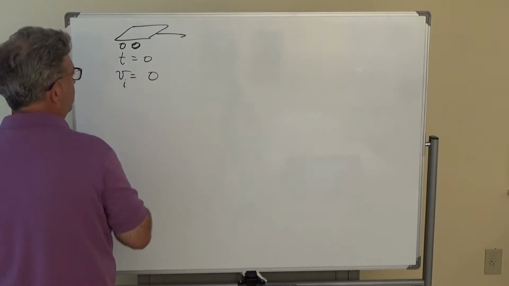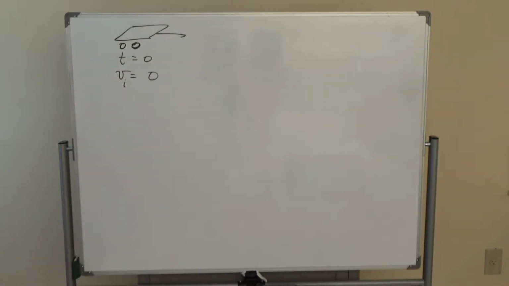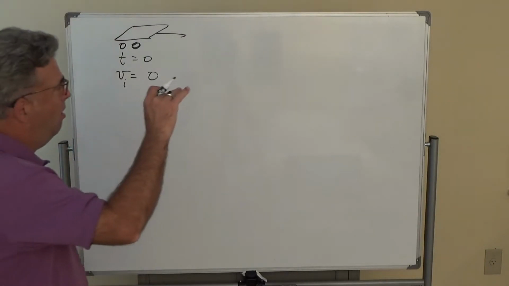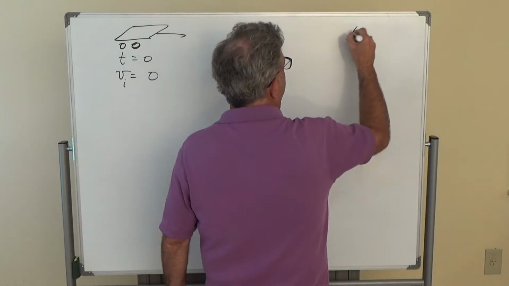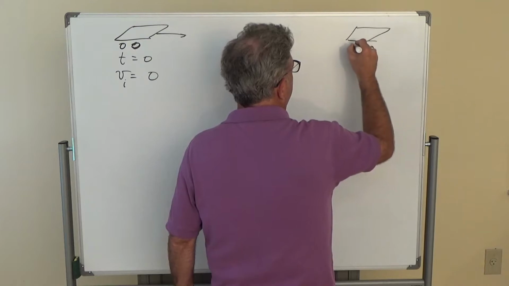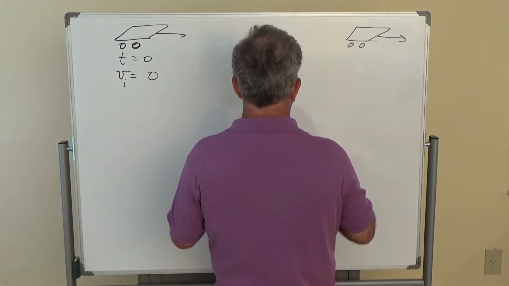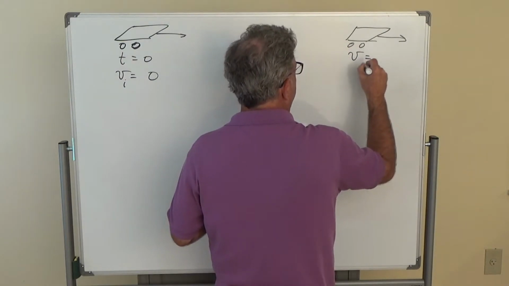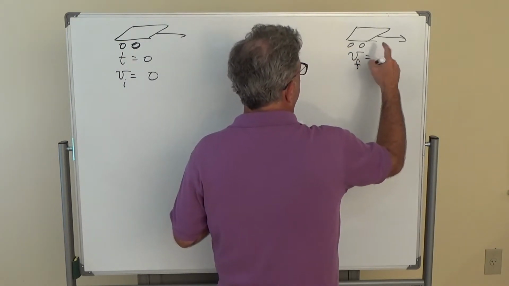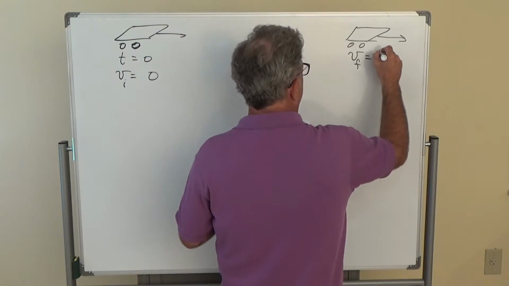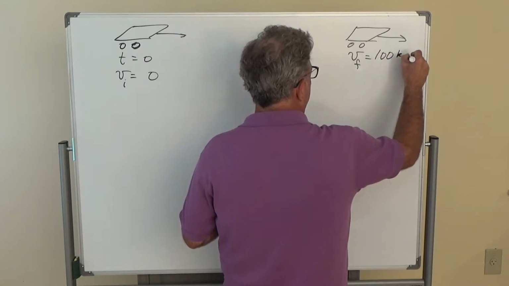So that's v initial. It takes off, makes it down to here. Down here, V is equal to, we'll call it V final. V final is equal to 100 kilometers per hour.